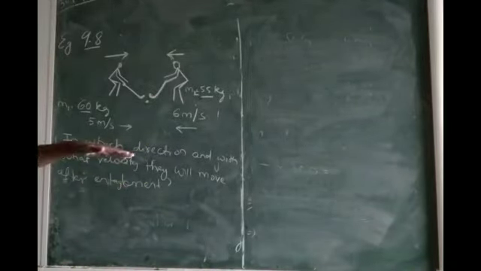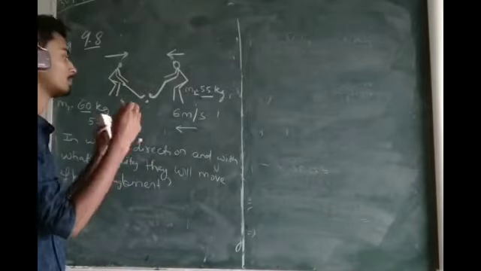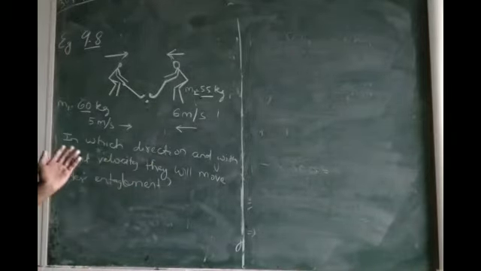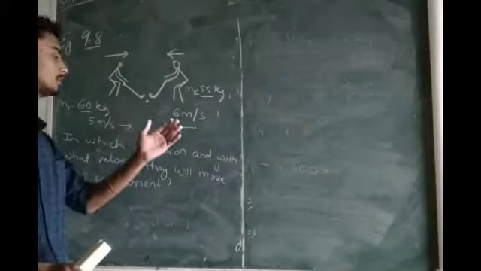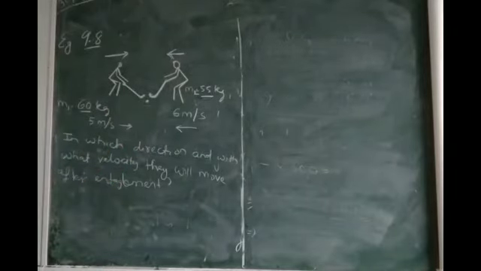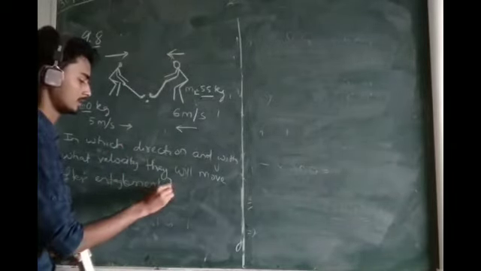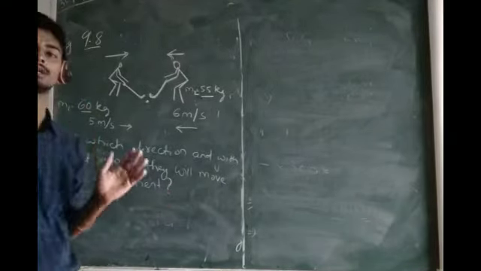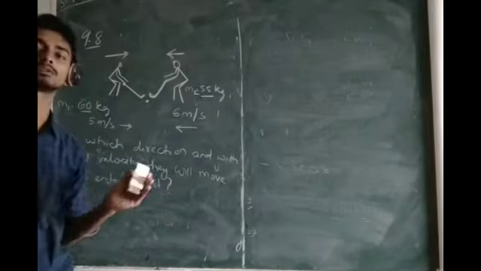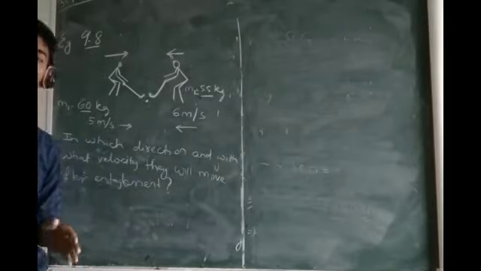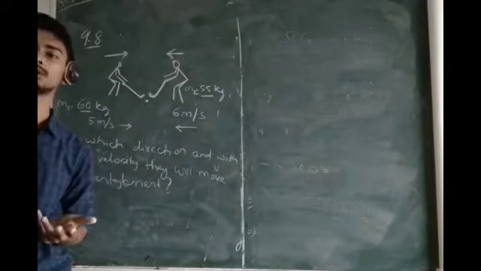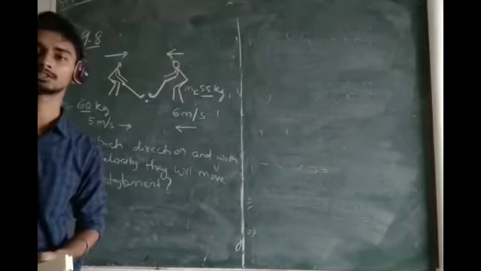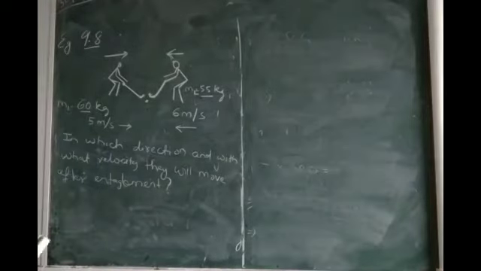So it is obvious that they will get entangled, and after that entanglement, in which direction and with what velocity both will be moving, it has asked, right? So what we have to do is just calculate the initial momentum and equate it with the final momentum, because we know that initial momentum will always be equal to final momentum as per the conservation of momentum, right?